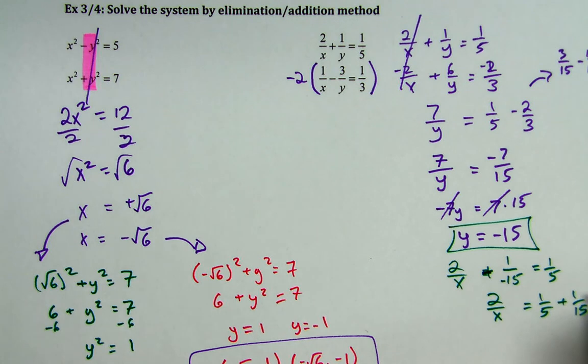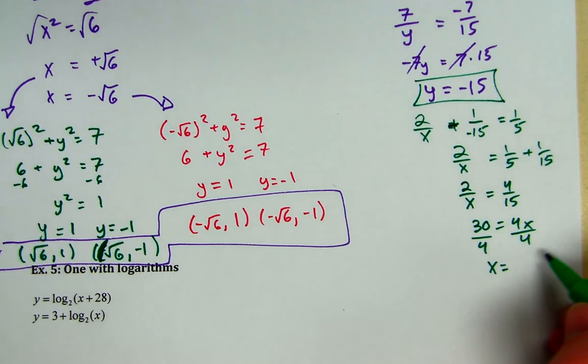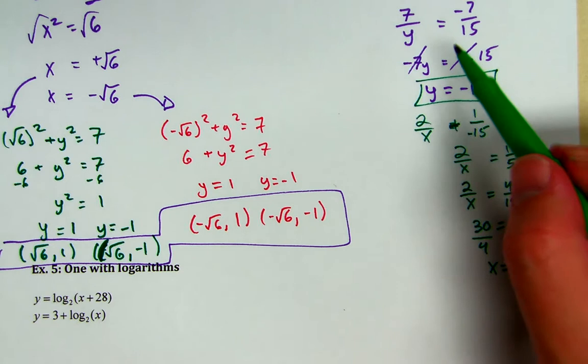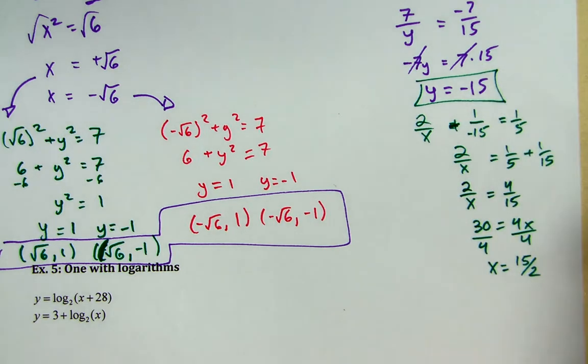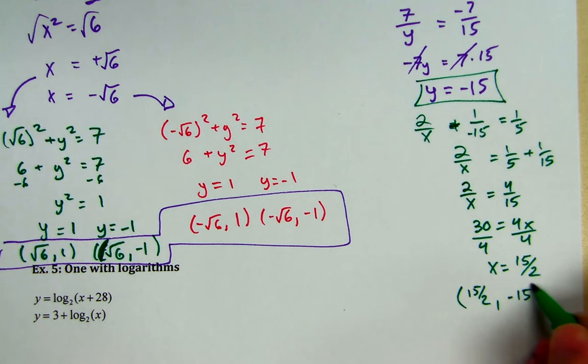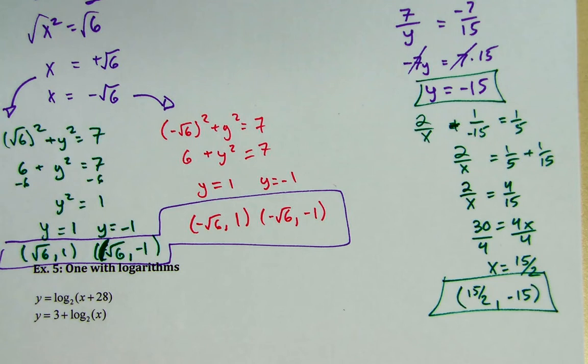So we end up with 4/15. So 2 over x equals 4/15. 30 equals 4x. Divide by 4, divide by 4. x equals 15 over 2. So again, put it back as a coordinate. 15 over 2, negative 15. And that is the answer to that equation there.